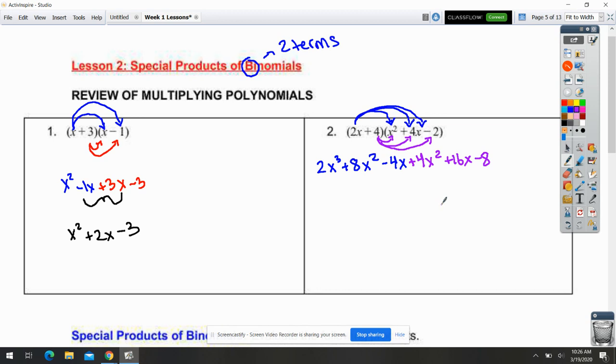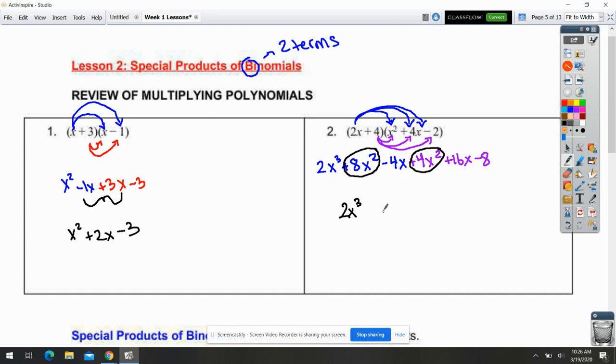All right, so you see we have a bunch of terms together. Let's get this under control here. We have this 2x to the third. There's no other like term with x to the third, so I'm just going to leave it. Then we have 8x squared, and we have a like term of 4x squared.